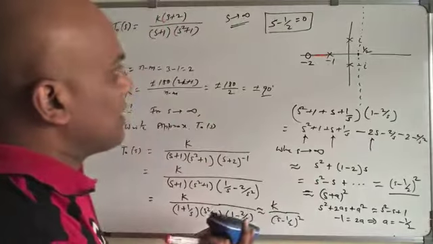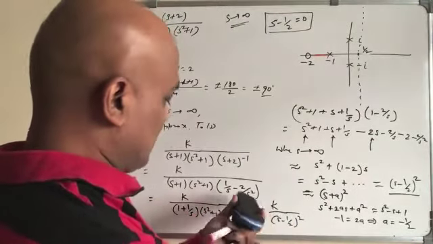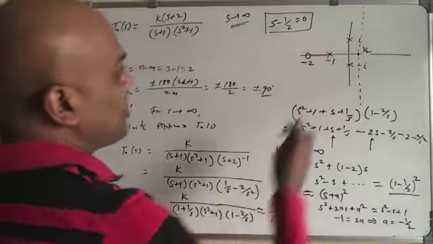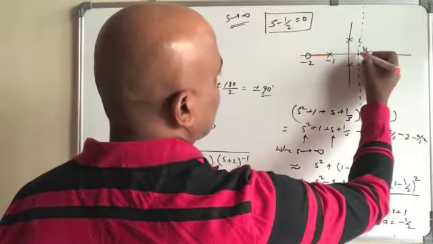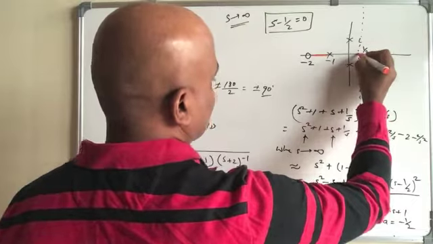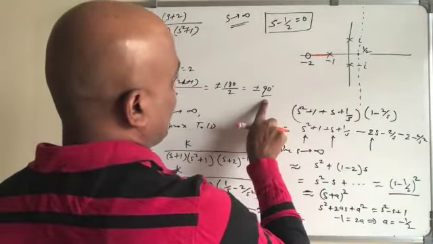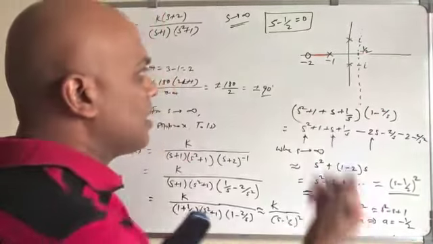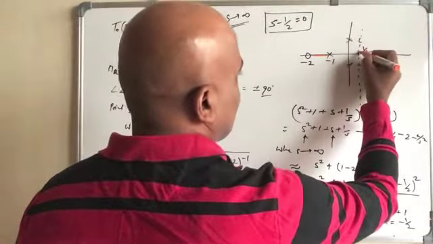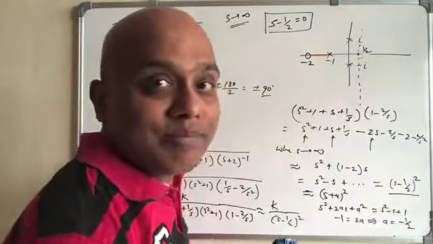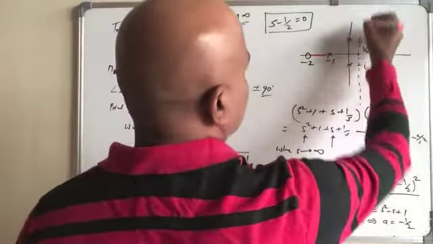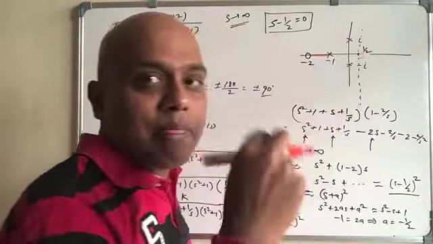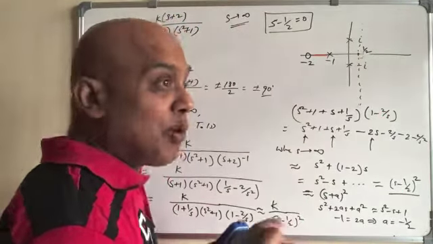Now, how does this look? This is half here. So we know the asymptotes meet here. What is the angle? 90 degrees. Yes, the asymptote angle is 90 degrees, here and here, both 90 degrees. And these are the asymptotes. These two are the poles.